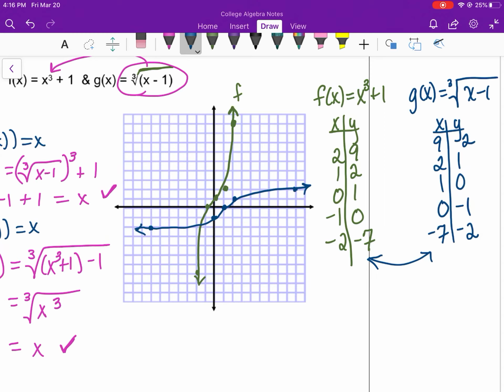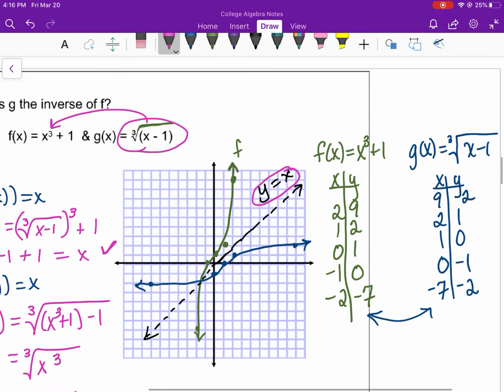Now, something special about inverses, if you take your ruler and you graph the line y equals x, so that's a line that cuts through 0, 0 with a slope of 1. Make it a dashed line. Mine doesn't look very dashed here. But you can see that that's going to be a line of symmetry.